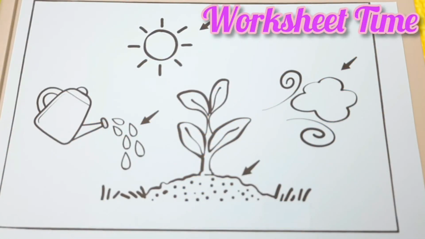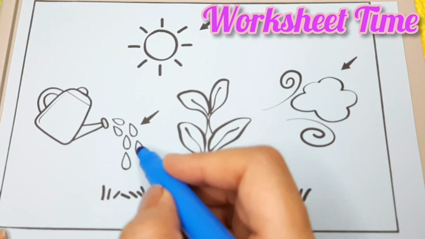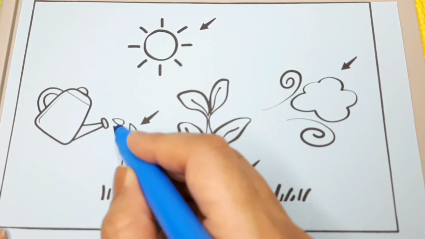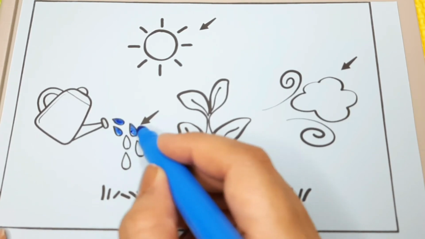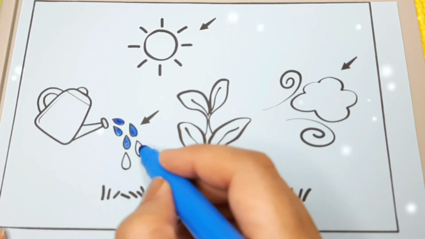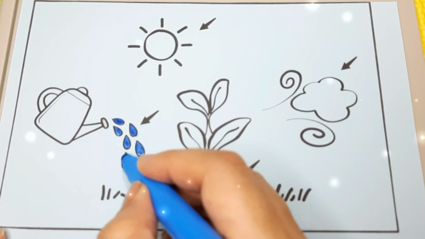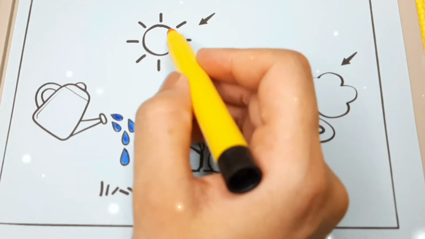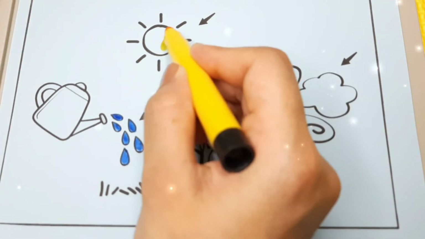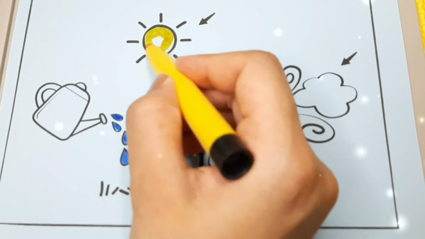We also have a coloring activity for you. So let's color here. Wow, it's beautiful. We are going to make these droplets blue. We know the water has no color, no odor, no taste, but we make it blue because the water looks blue. The sun is yellow.